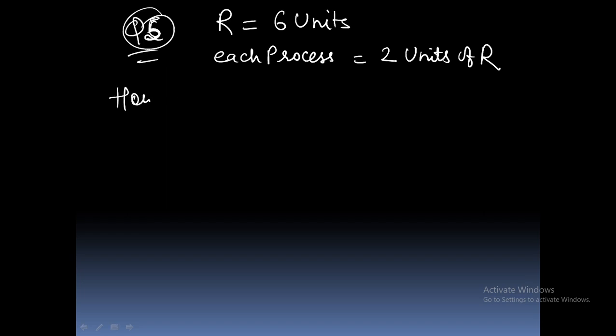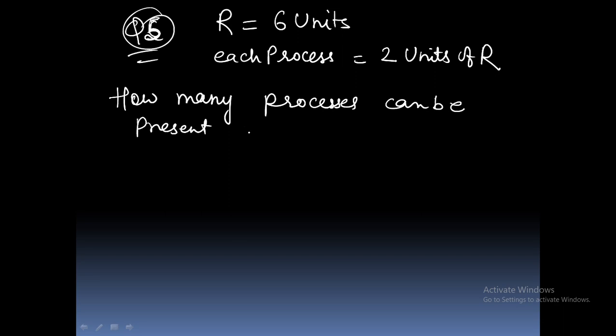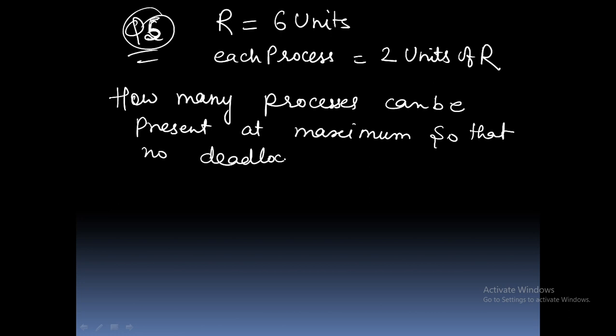We have to find out how many processes can be present at maximum so that no deadlock will occur. In this case, we have already given resources and each process requires units, and we have to find how many processes can be present at maximum so that no deadlock will occur.